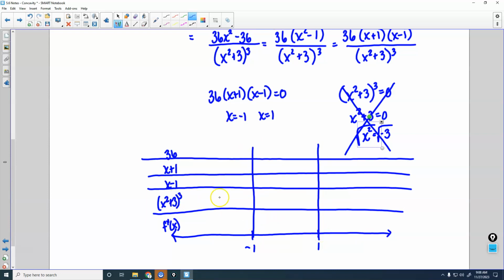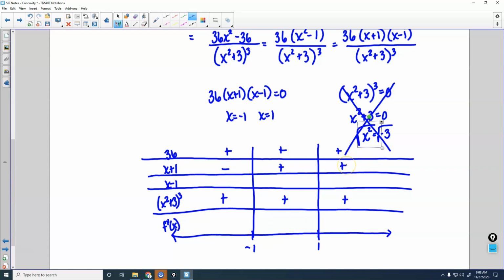Now, x squared plus 3 to the third is positive all the way across, and 36 is positive all the way across. So you can get away with leaving those off, but we won't. For x plus 1, if I plug in something like negative 2, I'll get a negative. If I plug in a 0, I'll get a positive.